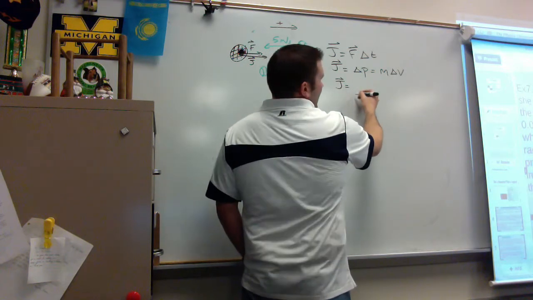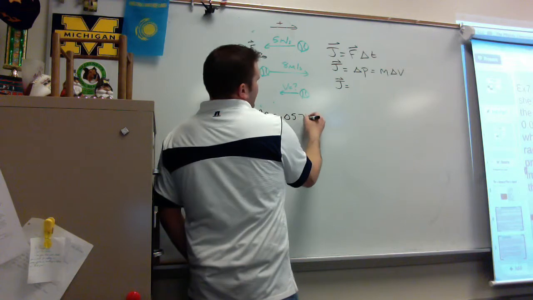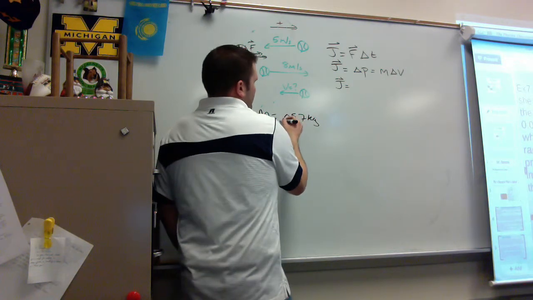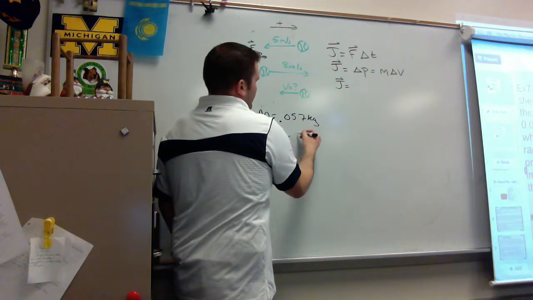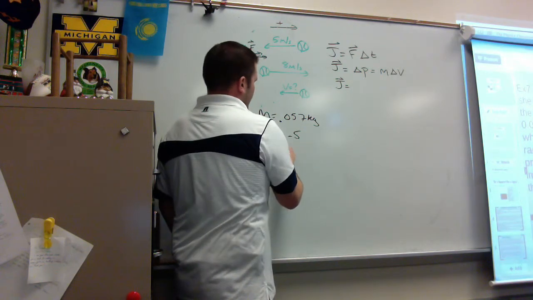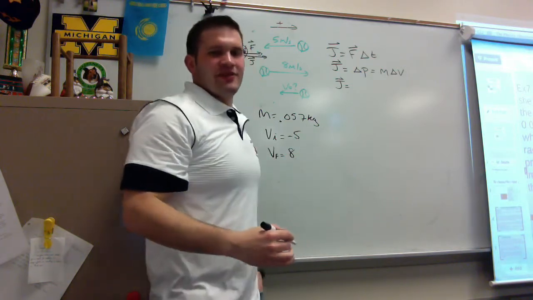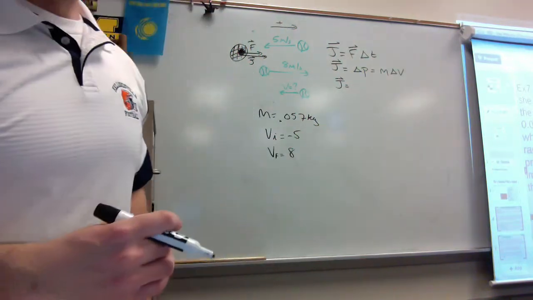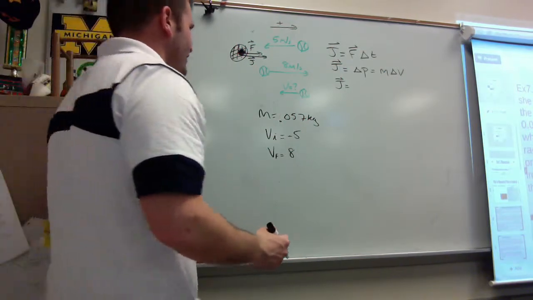Okay. So the mass of the tennis ball was 0.057 kilograms, right? V initial up here is -5. V final is +8. Negative sign matters, doesn't it? Because momentum has a direction. Perfect. Right?